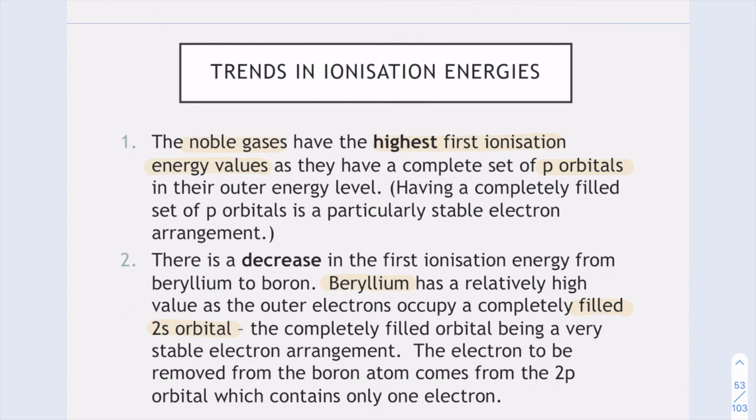Because it is completely filled, it is very stable. So it gets easier to remove electrons going from beryllium to boron, because it's easy to remove a 2p electron from boron, as there's only 1 electron in that p orbital.